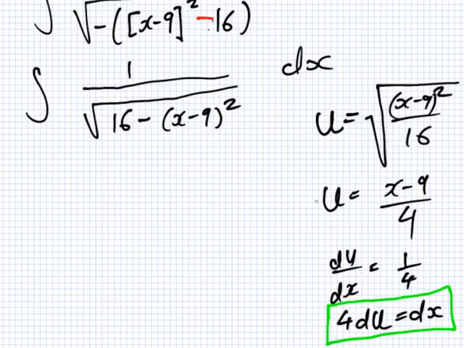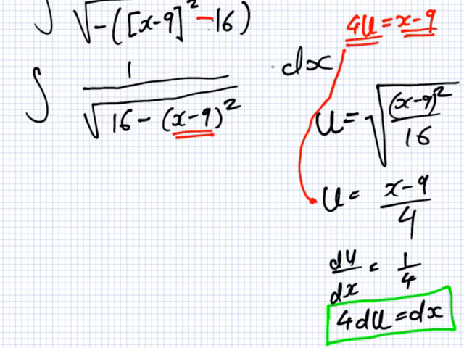Also, I can rearrange this: 4u equals x minus 9. Now that's useful because what have I got here? x minus 9. So I know that x minus 9 is 4u, and I also know that dx is 4 du.